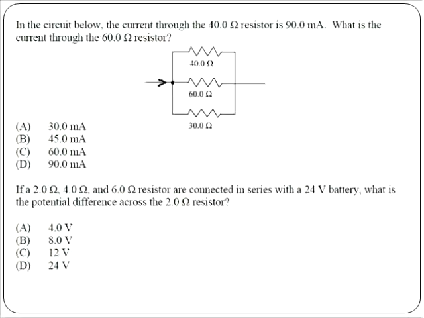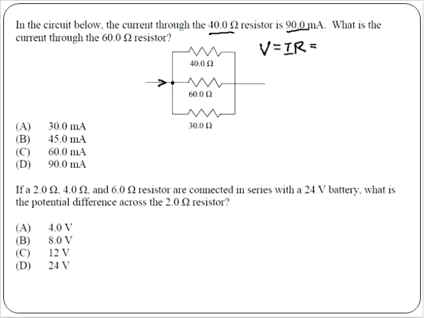In this one here, remember that the current coming in right here splits 3 ways. But that's only useful to me if I know all 3. So what I'm going to do now is use this idea. I know the current through this resistor is this.